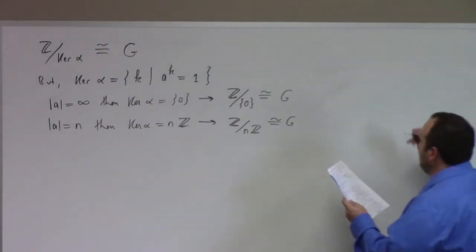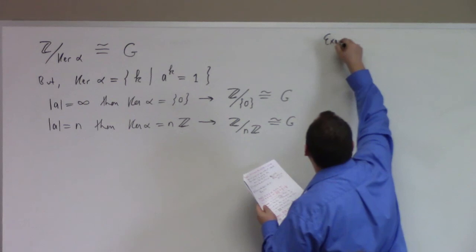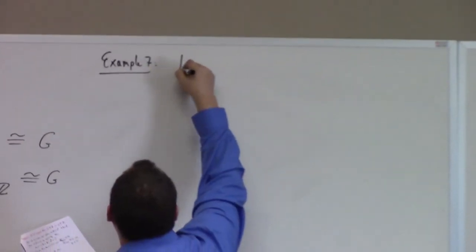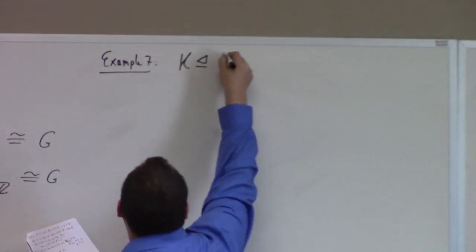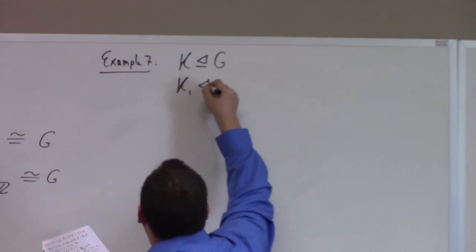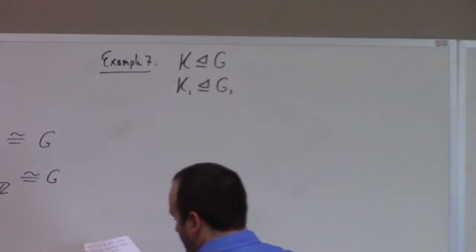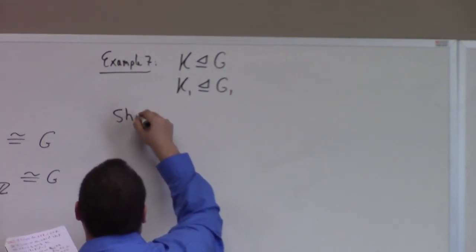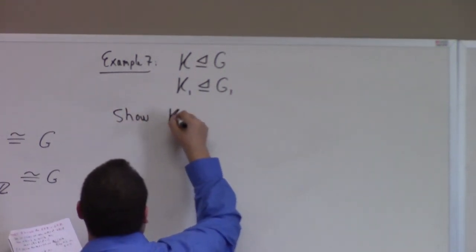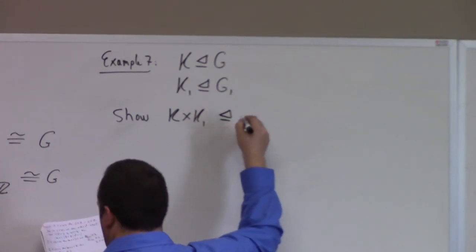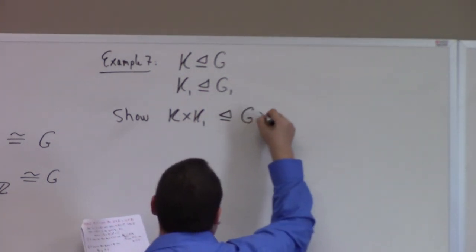All right. Example 7. Here we have K, a normal subgroup of G, and K1, a normal subgroup of G1. We want to show that the Cartesian product of K and K1 is, in fact, a normal subgroup of the Cartesian product of G with G1.